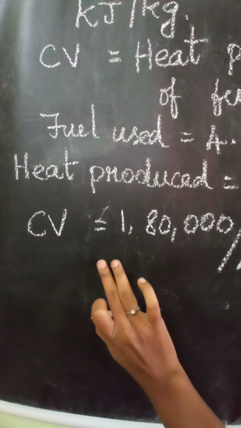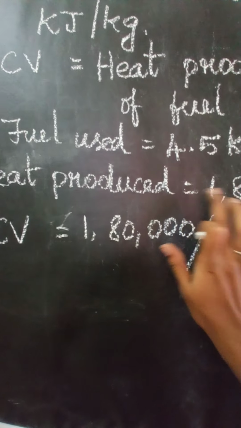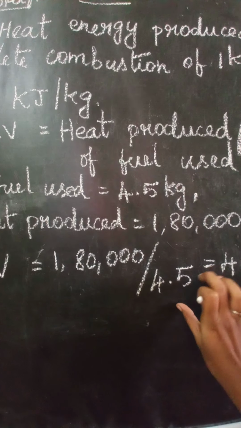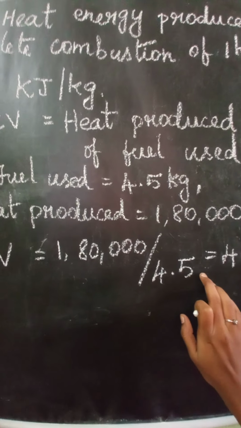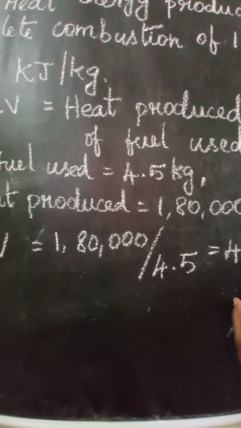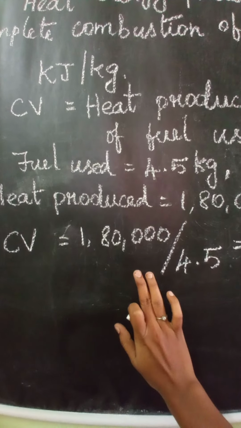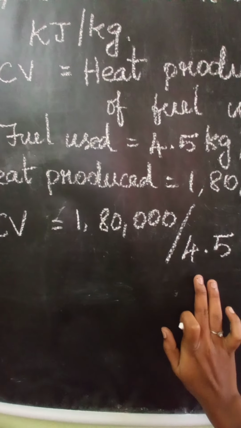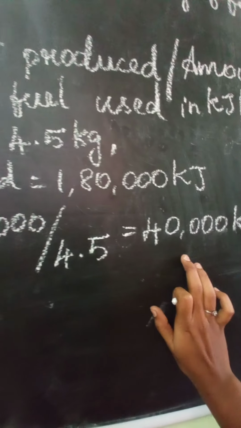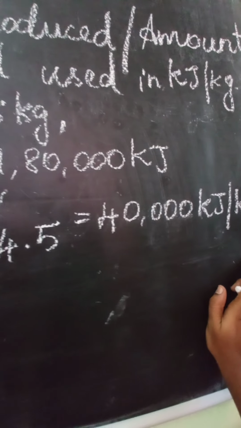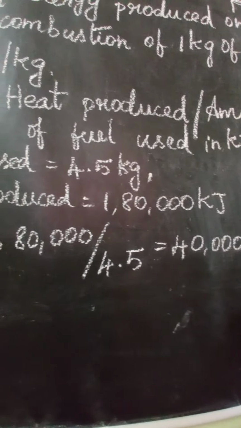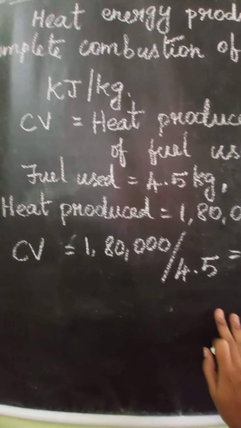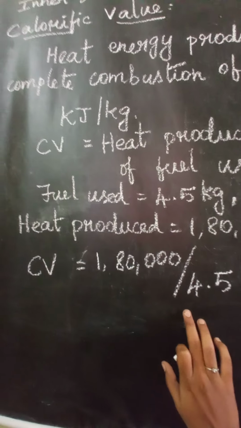Calorific value is equal to heat produced divided by fuel used. So 1,80,000 is the heat produced and 4.5 is the fuel used. If we divide it, the value we get is 40,000 kilojoule per kilogram, because kilojoule per kilogram is the unit of calorific value. So while writing the calorific value, we must write it with this unit. This is the way of finding the calorific value.